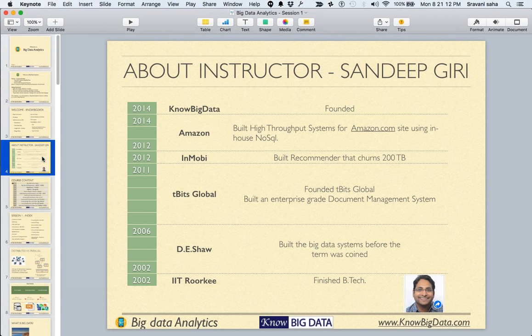After that, I started a company called Tbits Global, where we built a document management system. Afterwards, I joined InMobi, where we built a recommender that churned around 200 terabytes of data. Afterwards, I joined Amazon, where we built high throughput systems for Amazon.com using an in-house NoSQL. The systems we built at Amazon were similar to the stream processing systems which you see outside.